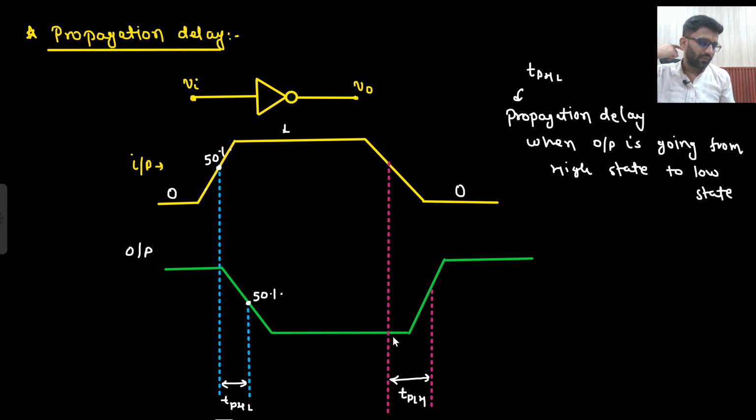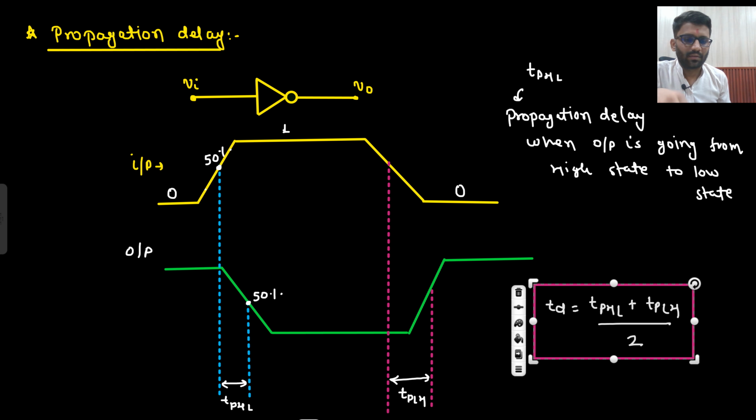TPLH: propagation delay when output is going from low to high. So two kinds of delay are there. What will be the propagation delay? Simply the average of both of them. TPHL plus TPLH divided by 2. Okay, very easy.